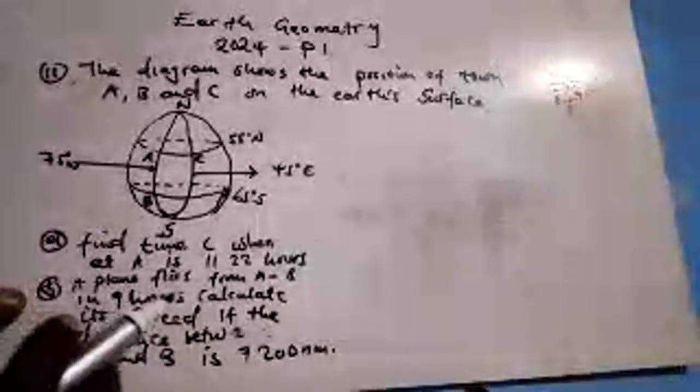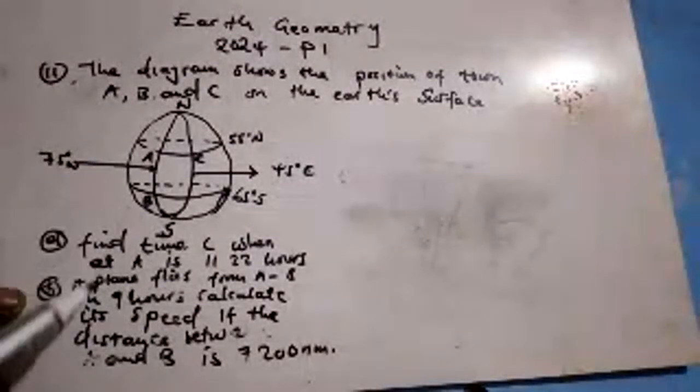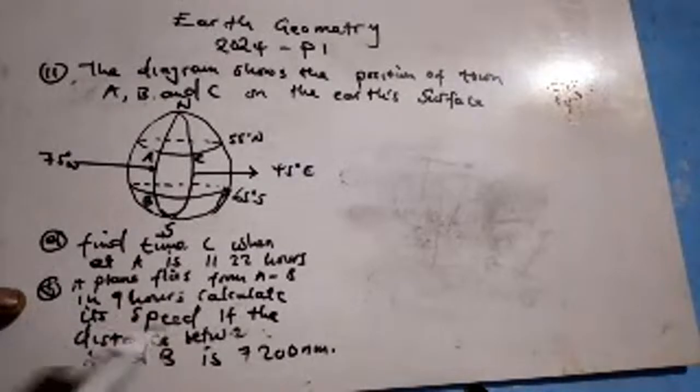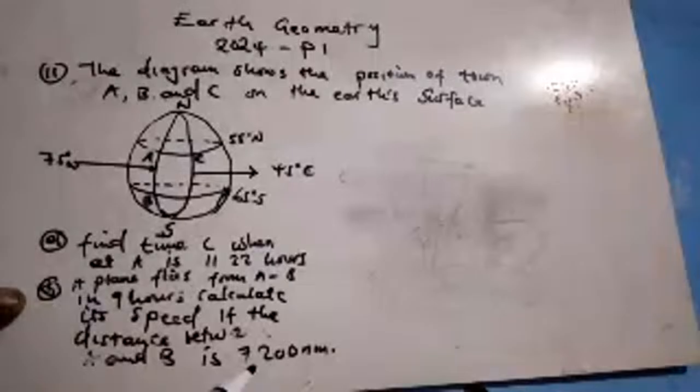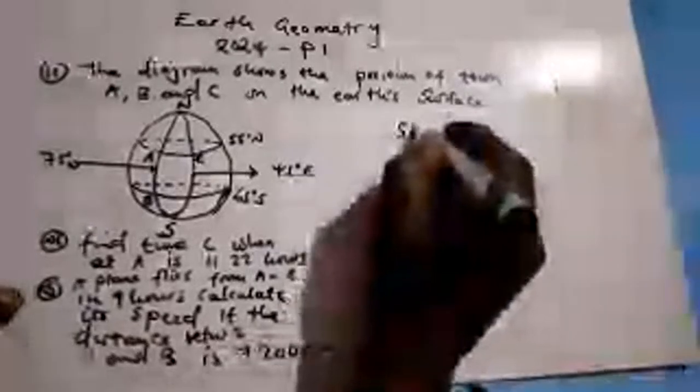A plane flies from A to B in 9 hours, and we calculate its speed if the distance between A and B is 7,200 nautical miles.